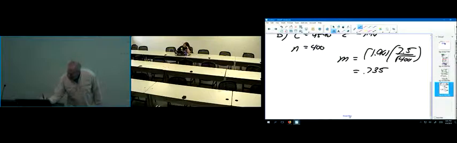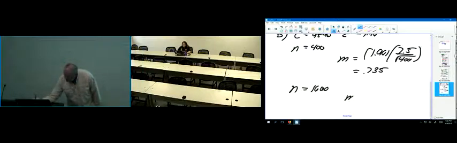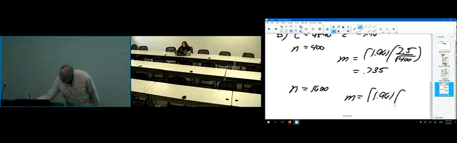It also wants to know, suppose you had an SRS of 1600. What would your margin of error have been? 1.96 times 7.5, all over the square root of 1600.